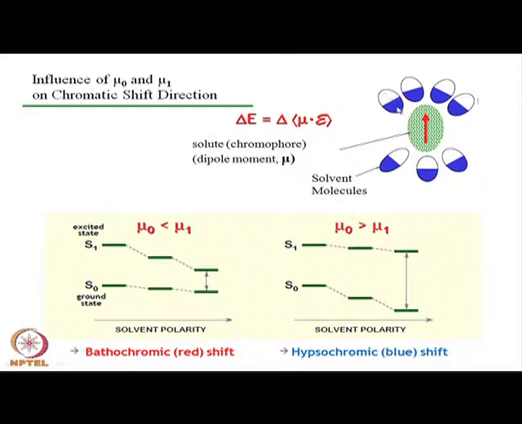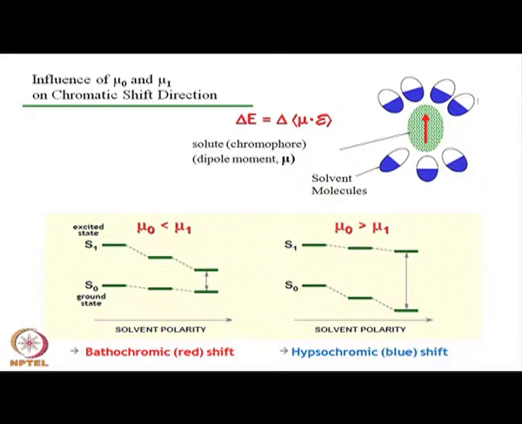So the charge nature is opposite, charge separation is there. You see that this dipole is surrounded by the solvent molecules, and of course this is a polar solvent. So in this case, there is a change in the energy state as a result of interaction between the solvent and your dipole in question.